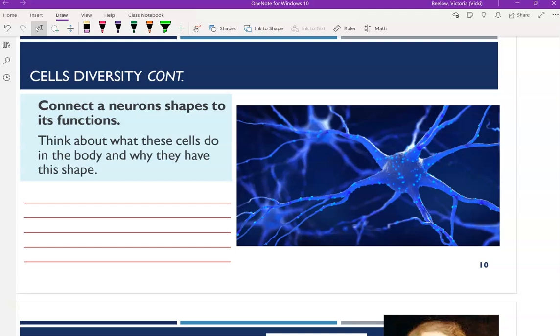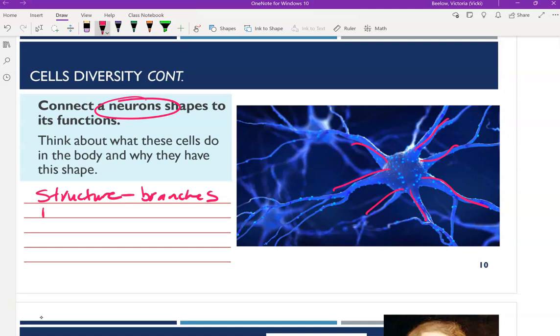Versus here we have a neuron, a nerve cell or brain cell, and notice that it has these really long branching structures. That makes sense because of the job. Let's start with the structure. They have a lot of these branches, okay?